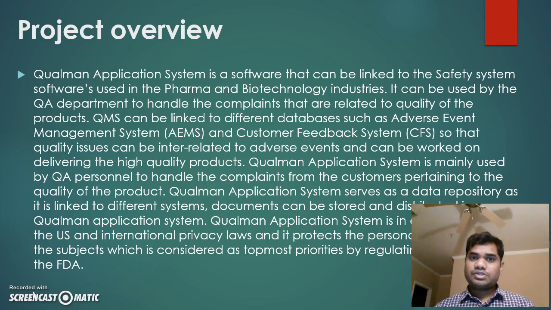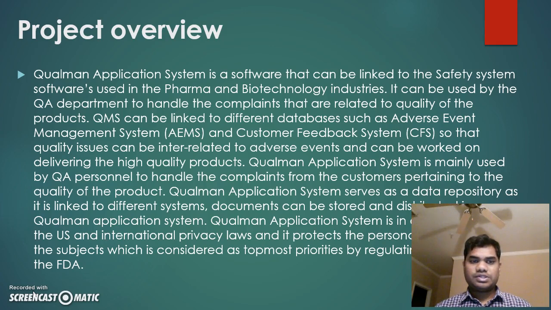It is software that can be linked to any safety systems, and it can be used to integrate a lot of systems like AEMS, that is Adverse Event Management System, and Customer Feedback System, so that the quality issues can be interrelated and better quality products can be produced. A quality management system has been embraced, and the word Qualman application system has been coined.